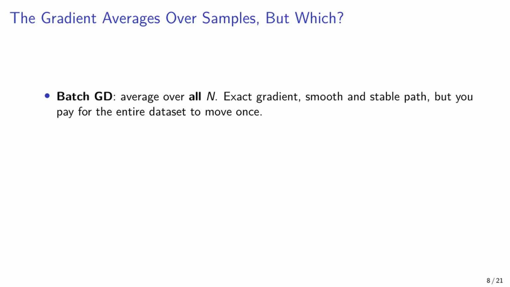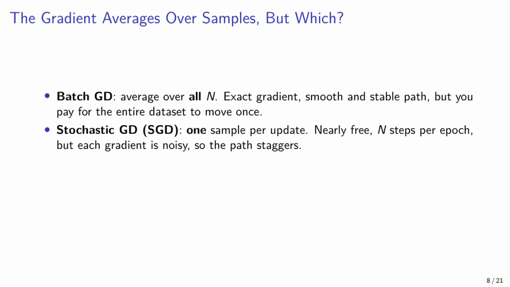The gradient formula averages over samples, but over which samples? Three answers. First, batch gradient descent, average over all n samples. Each step is the exact gradient, so the path is smooth and stable, but you pay for the entire dataset just to move once.